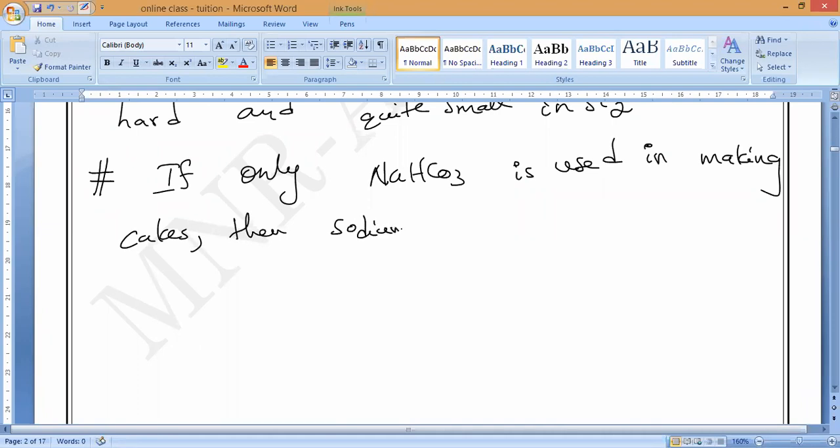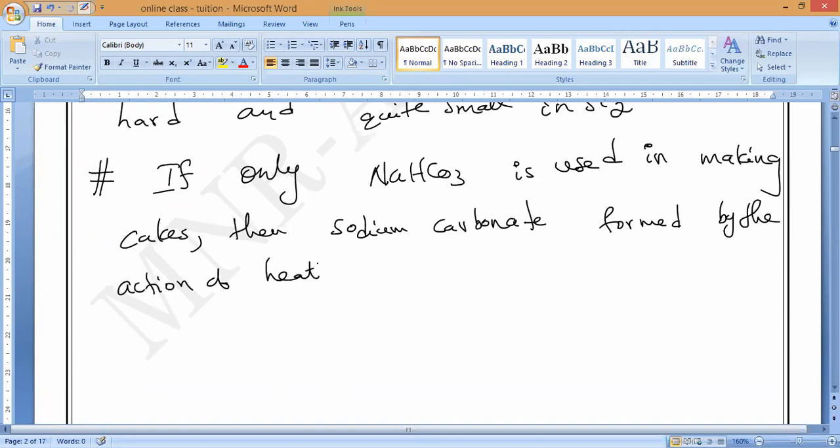Sodium carbonate will form along with carbon dioxide by the action of heat. Carbon dioxide will form, so it will swell, meaning the size will increase, and it will be soft. But the sodium carbonate produced because of the action of heat will give a bitter taste to the cake.